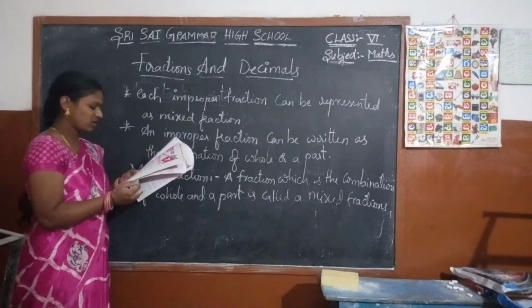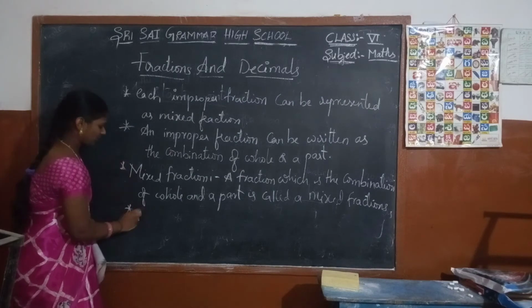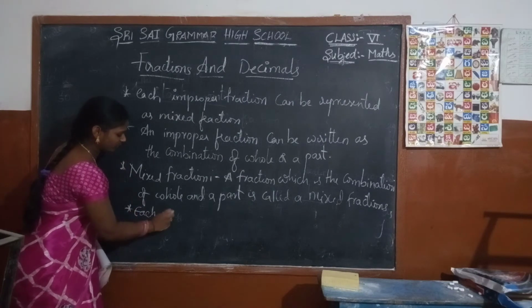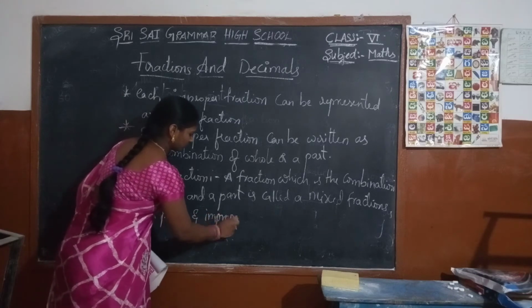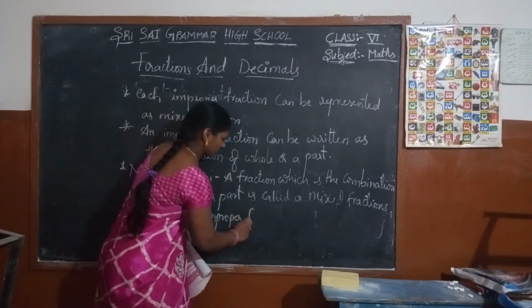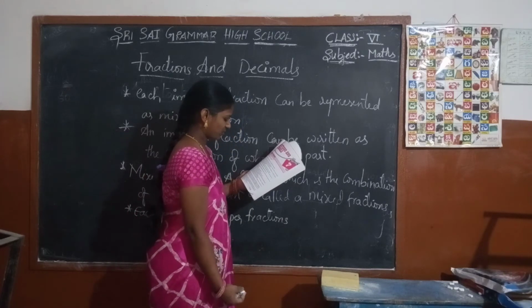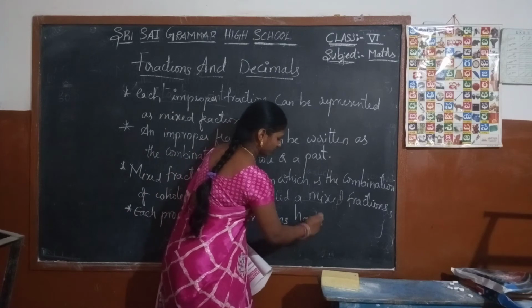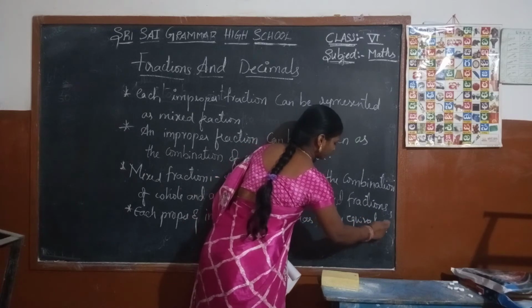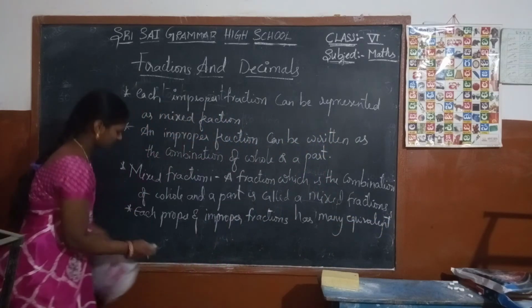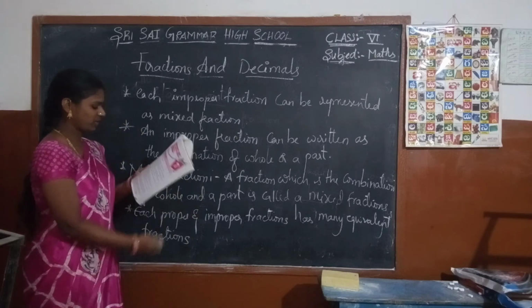Next fraction. Each proper and improper fraction has many equivalent fractions.